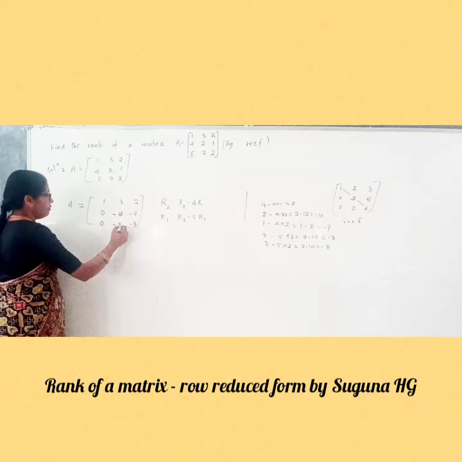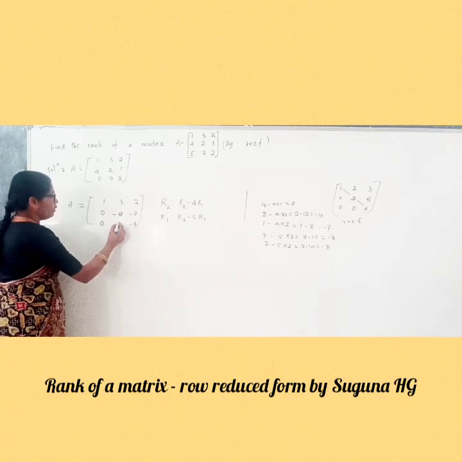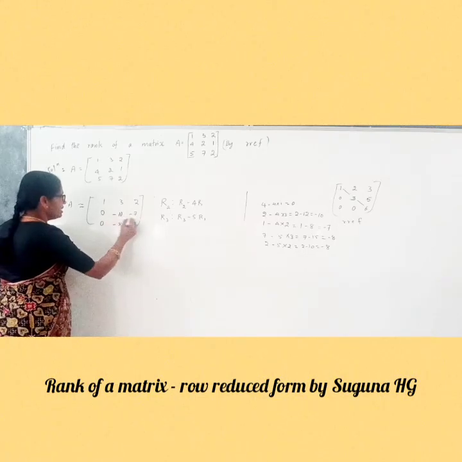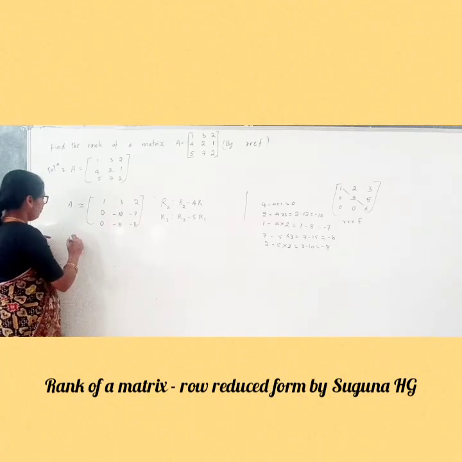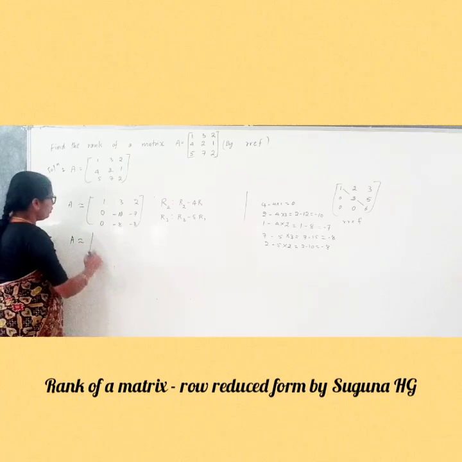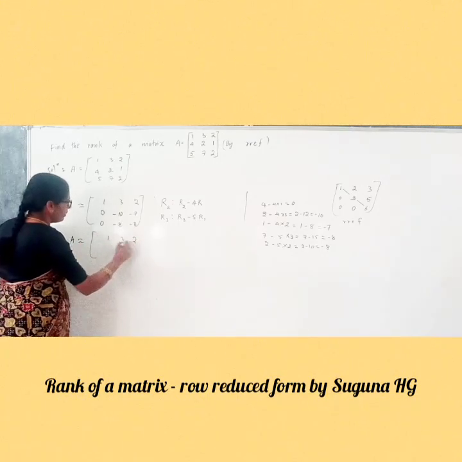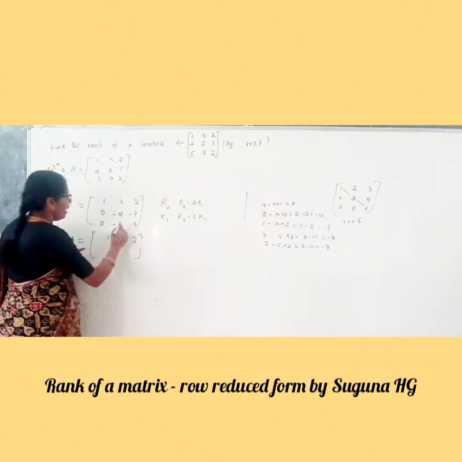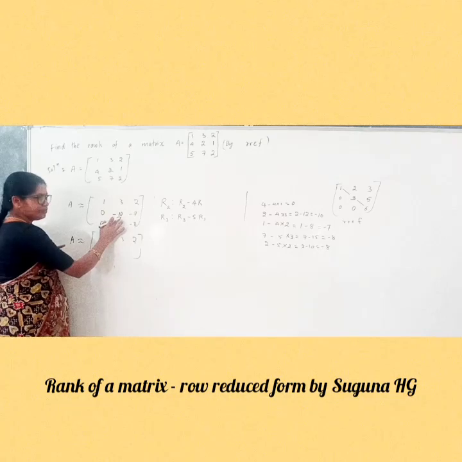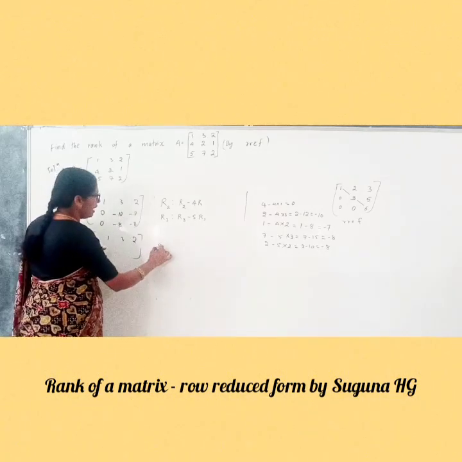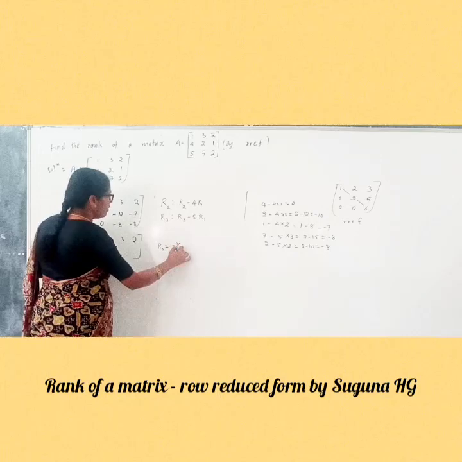Now further we must make this 0. To make this 0, first let me make this 1. So you will get A is equivalent to 1, 3, 2, and the second row I am making 1. So it is R2 equal to minus 1 by 10 R2.